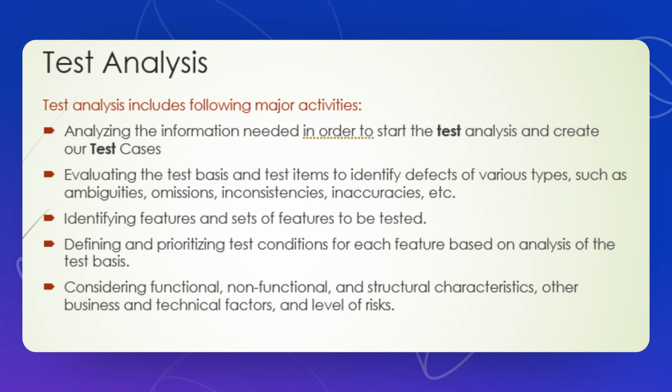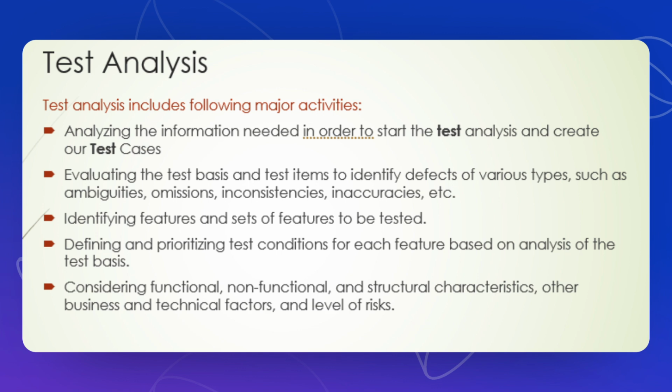We evaluate the test bases and test items to identify defects of various types, such as ambiguities, omissions, inconsistencies, inaccuracies, etc. So we had the requirement SRS document, and there can be something missed in the SRS document. In this phase we analyze those things. We identify features and sets of features to be tested.